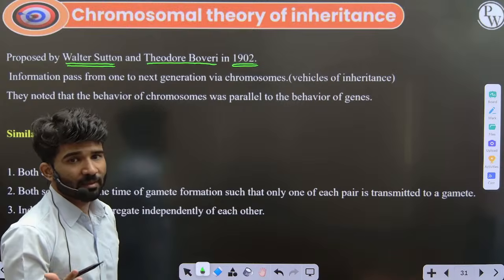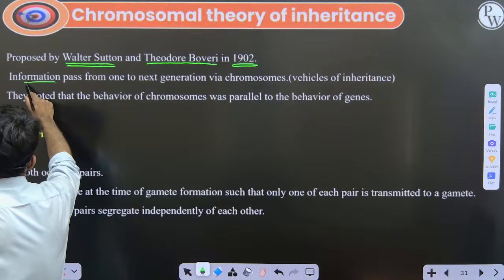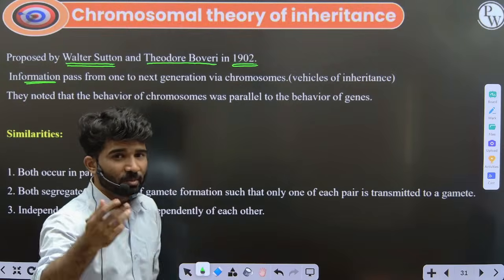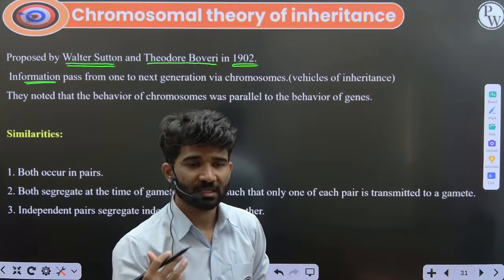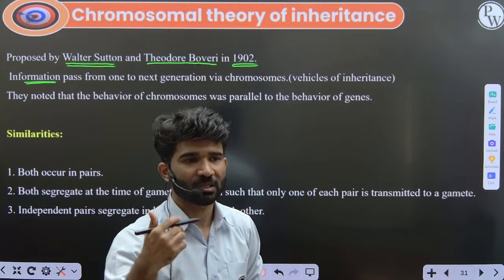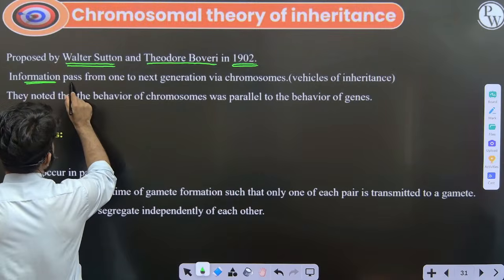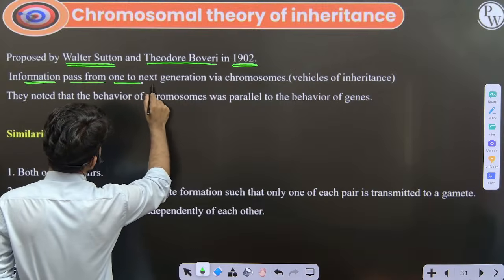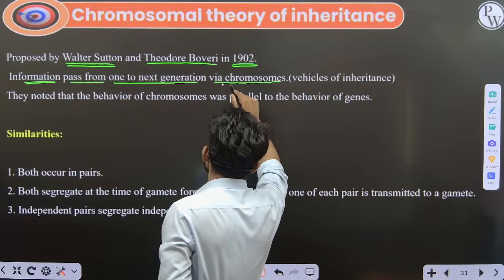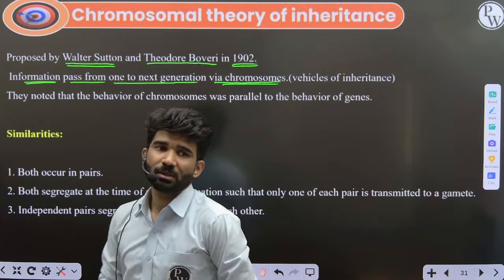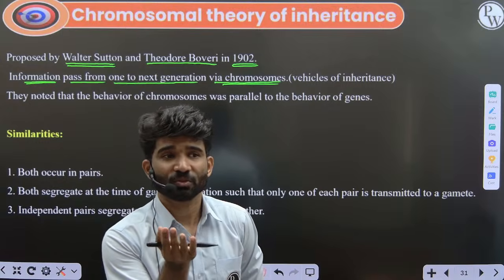According to this theory proposed by Sutton and Boveri, the genetic information of an organism, all its characters, all its phenotypes, all its abilities, passes from one generation to the next generation through the chromosomes. So Sutton and Boveri called the chromosomes vehicles of inheritance.